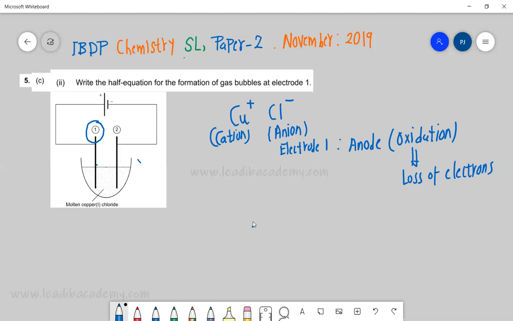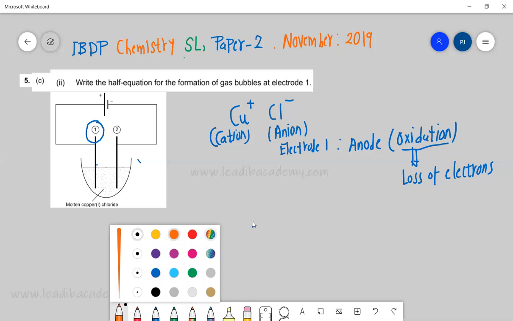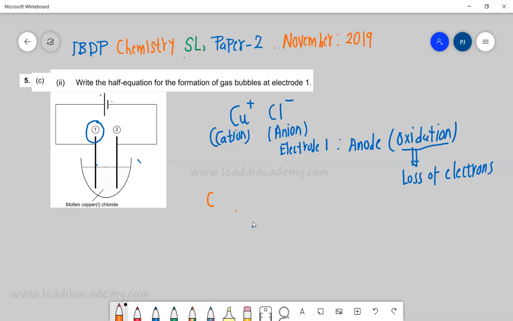Anode means oxidation, irrespective of whether it is an electrolytic or voltaic cell, always oxidation. Now let's start writing the equation. There is a Cl- ion which is going to lose an electron. Let's take only 1.